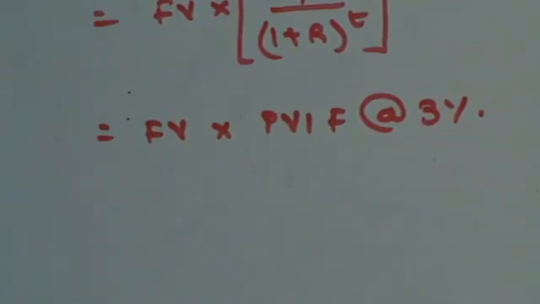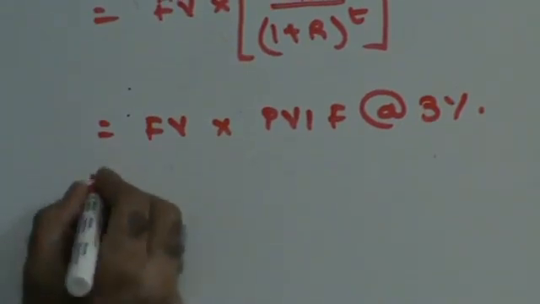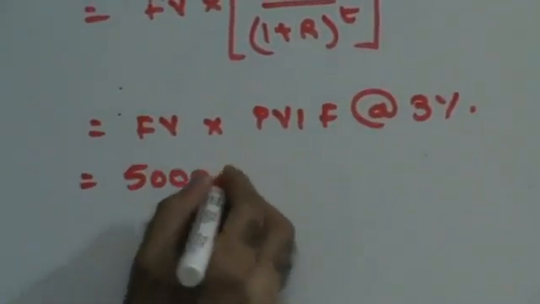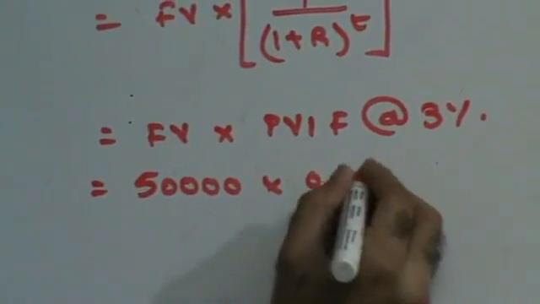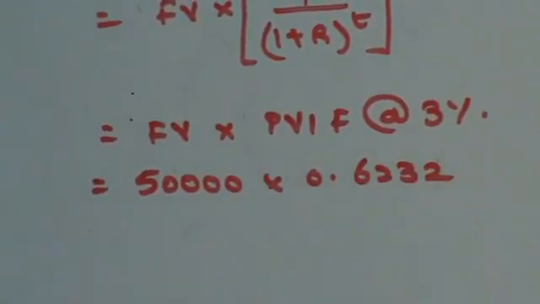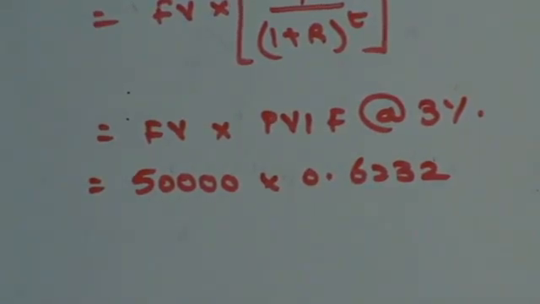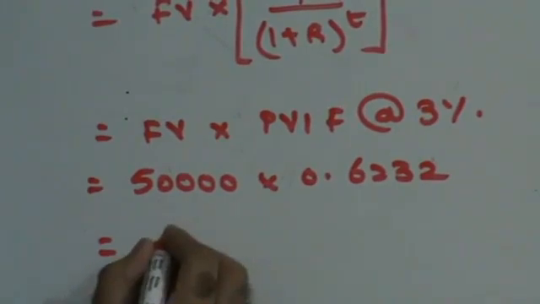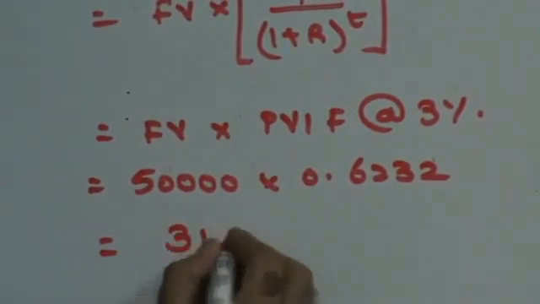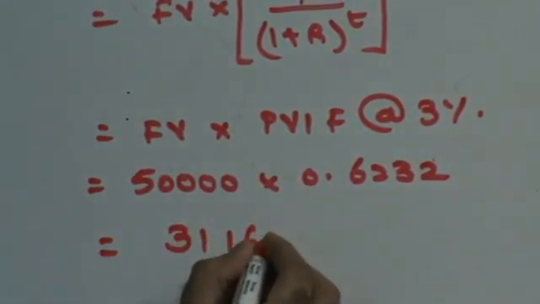On page number 170, this is my present value interest factor. Look at 3% for 16 years. 3% for 16 years is 0.6232. Someone please multiply this. How much does this come out to? 31,160.